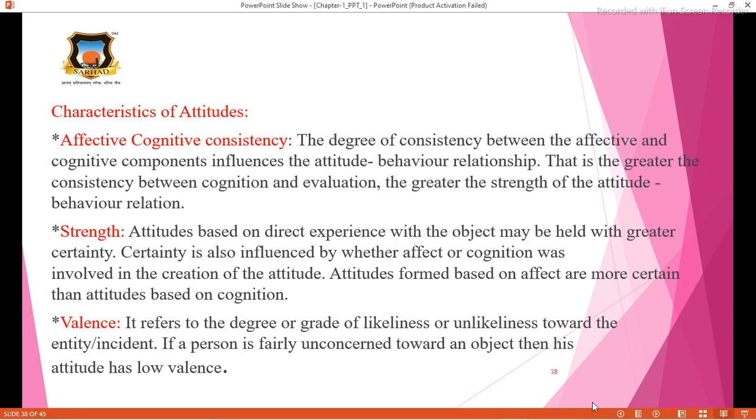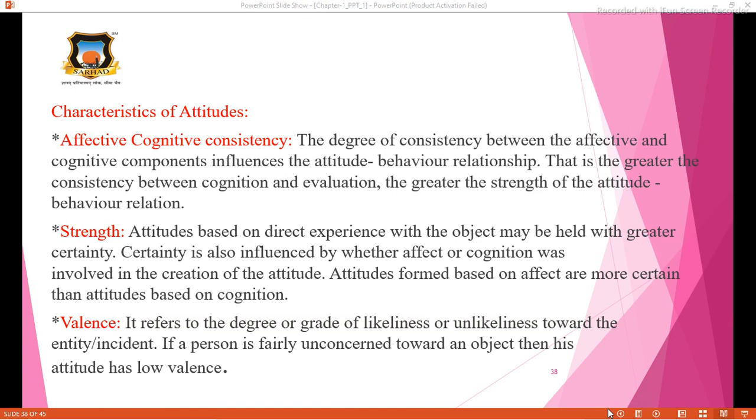See the characteristics of the attitude. The first is affective, cognitive, consistency. The degree of consistency between the affective and cognitive components influences the attitude behavior relationship.